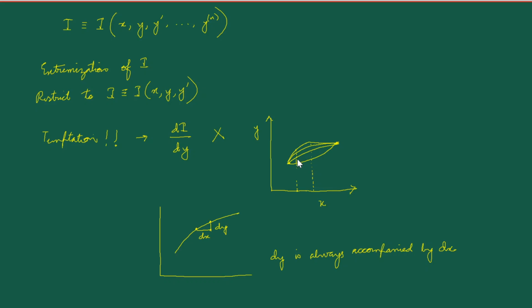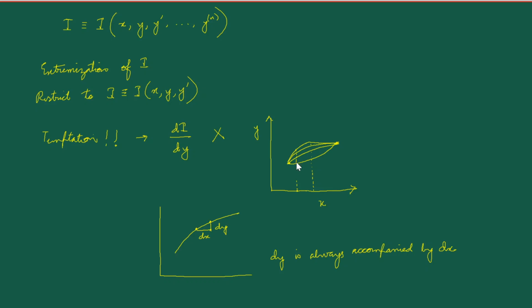But in this thing that we are trying to do here, in order to arrive at the correct curve which will give us our answer for the minimum value of I, we are not changing x. x is constant and we are changing y.